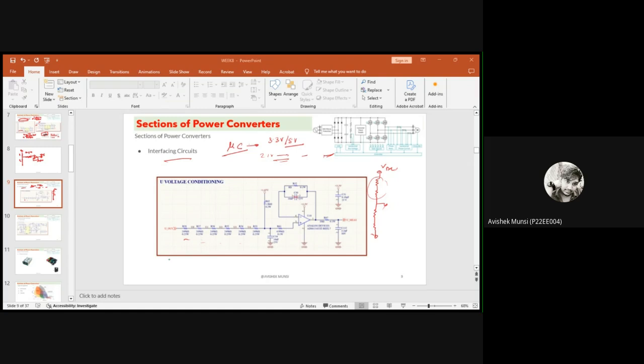We'll discuss some components and equipment, and then at last how to design the converter after the circuit diagram, by means of a printed circuit board. After this, if you have any doubt, you can ask. If you have to note something, you can note it down, and then we will discuss the next part.